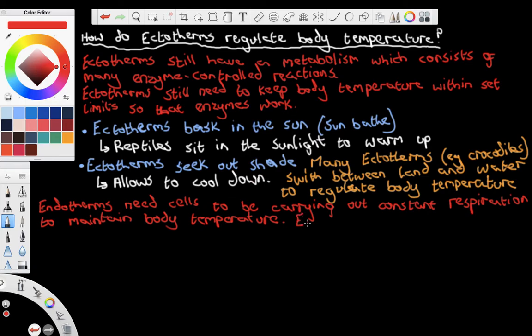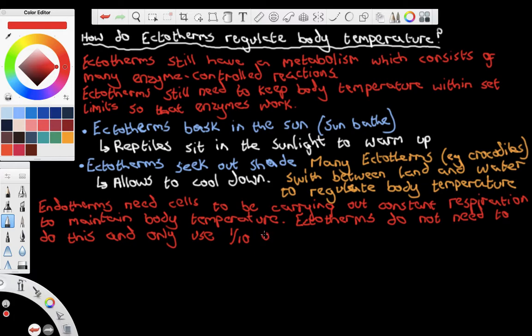So ectotherms do not need to do this, and only use 1/10 of the energy of endotherms.